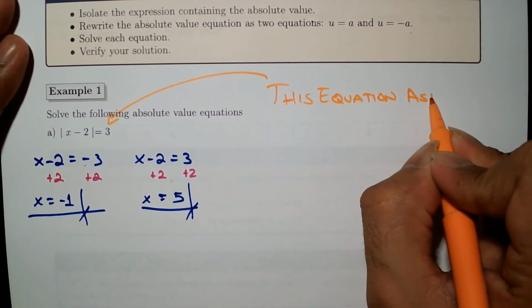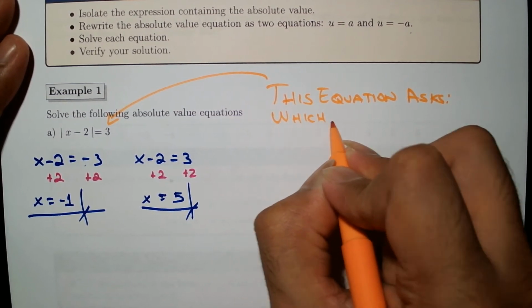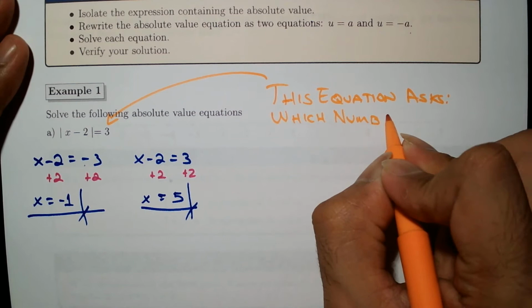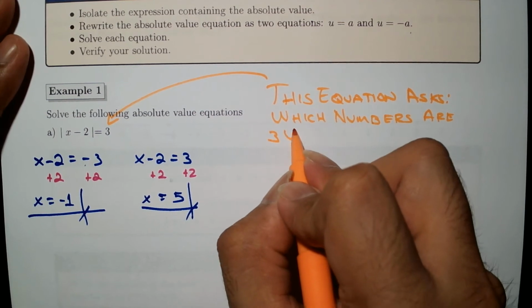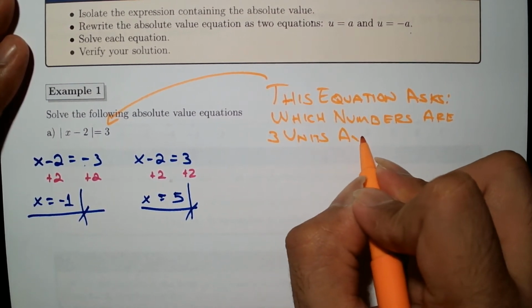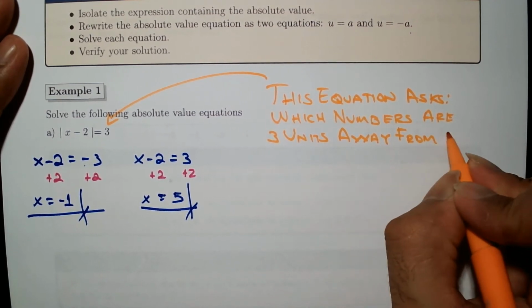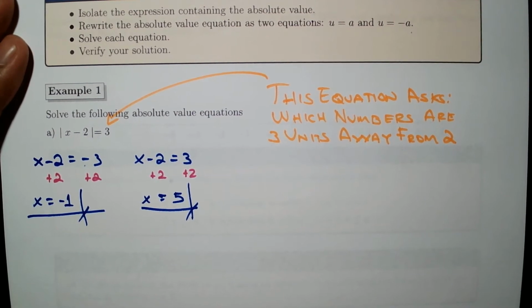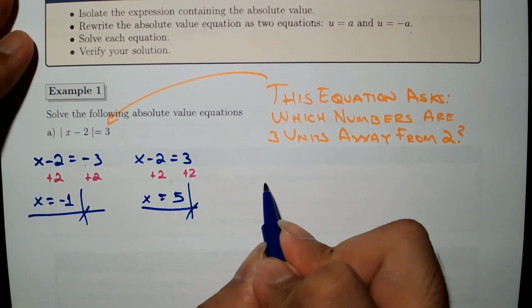This equation asks which numbers are 3 units away from 2. That is the question. So let me write down a number line first. I think it would be best to do that.